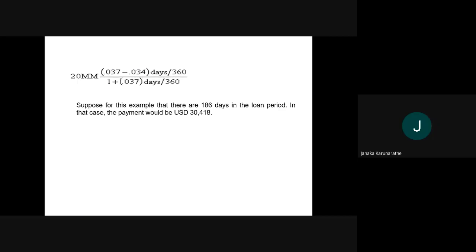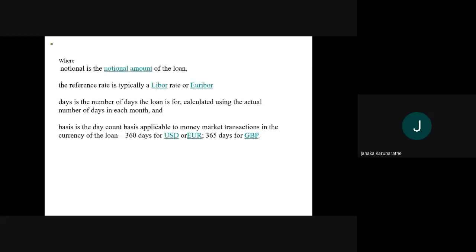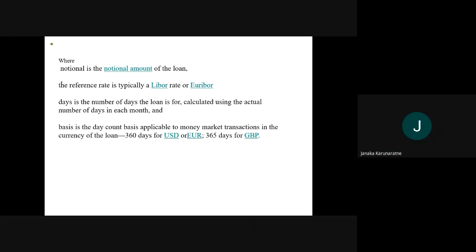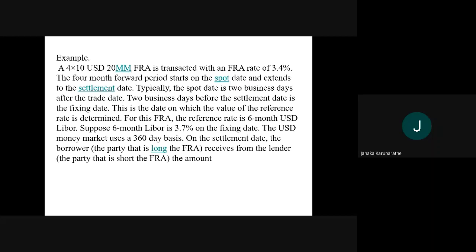Remember, we use the formula for the cash settlement. The 4 by 10 US dollar 20 million FRA, 20 million is the notional principal. The reference rate is 3.7. The FRA rate is 3.4.